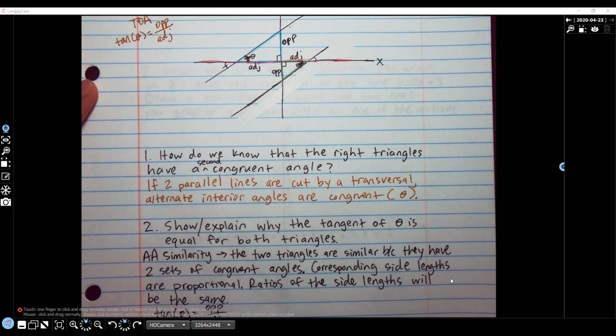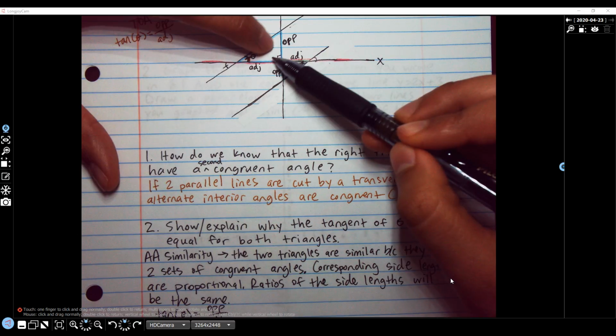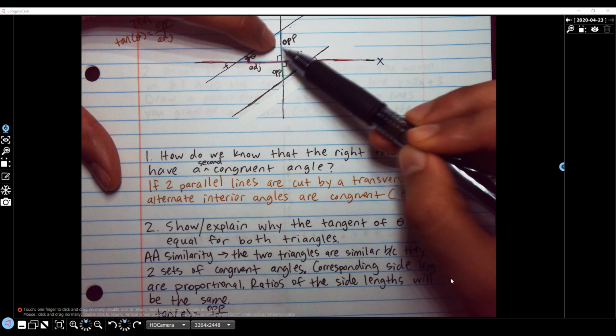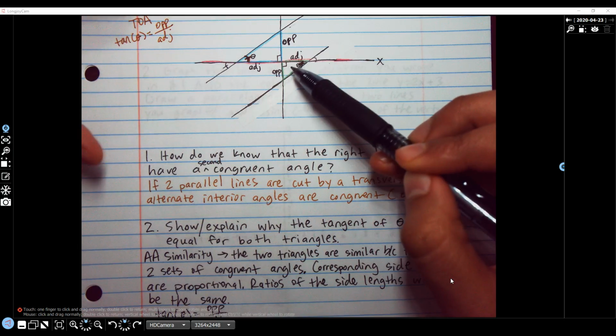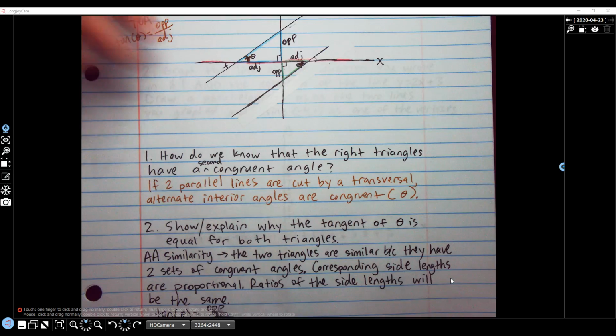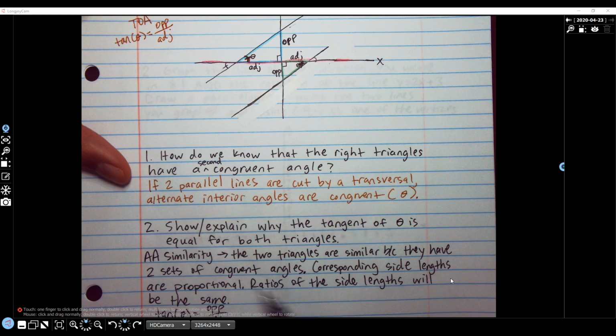It is the ratio of the opposite to adjacent. So the tangent of theta in the blue triangle, right, is going to be the same as the tangent of theta in the green triangle. Their opposite over adjacent ratios will be the same because of the similarity relationship here, where their corresponding side lengths are proportional.